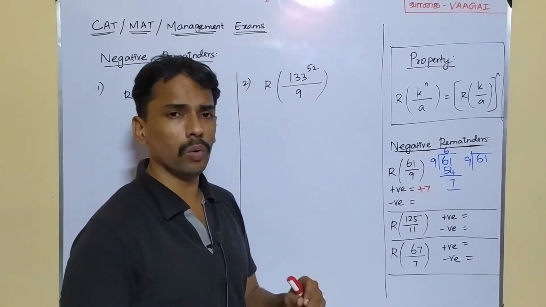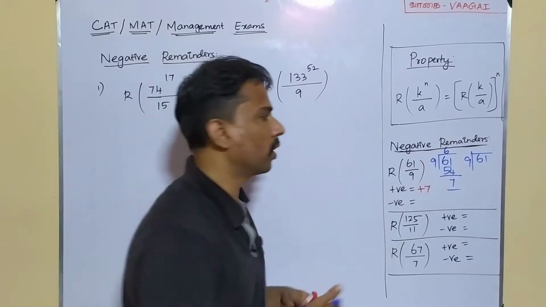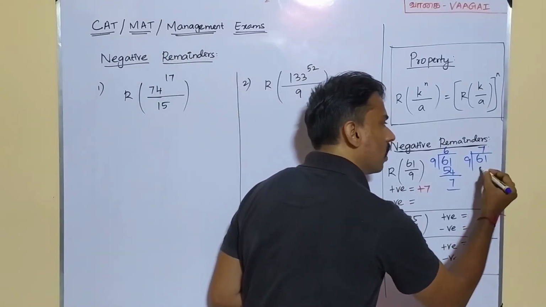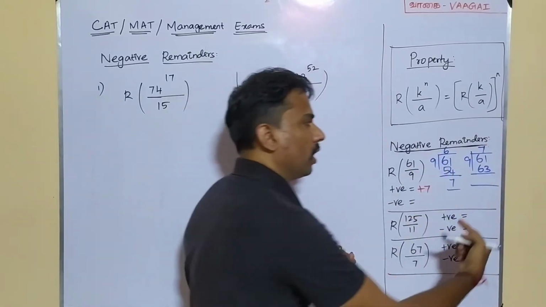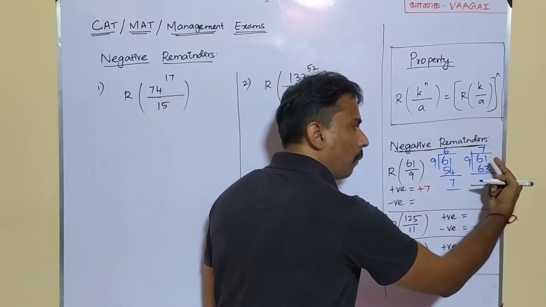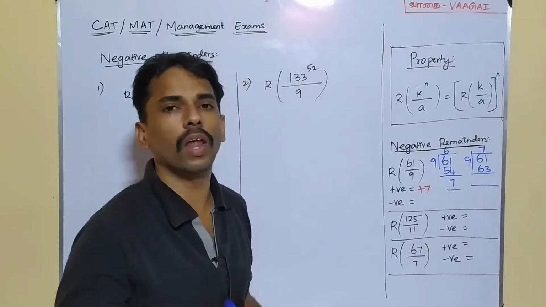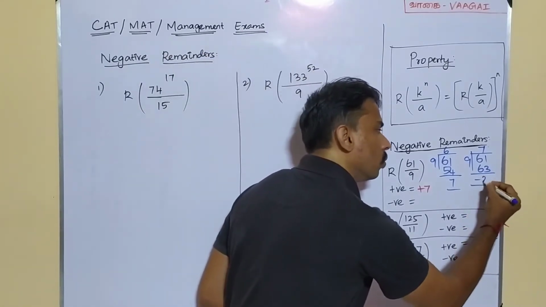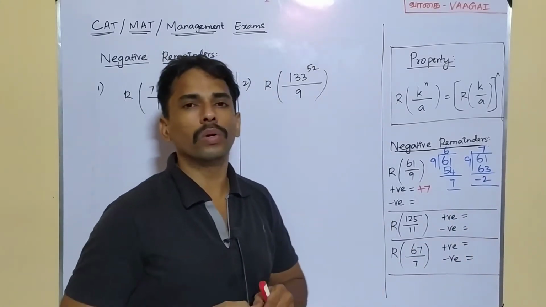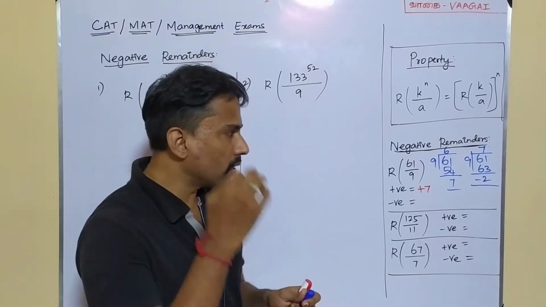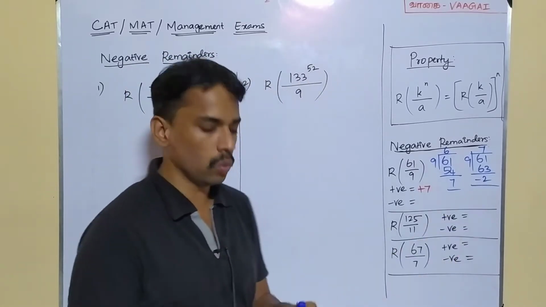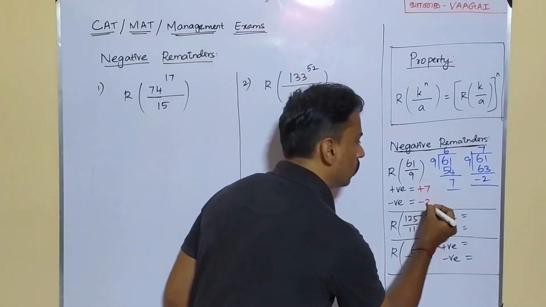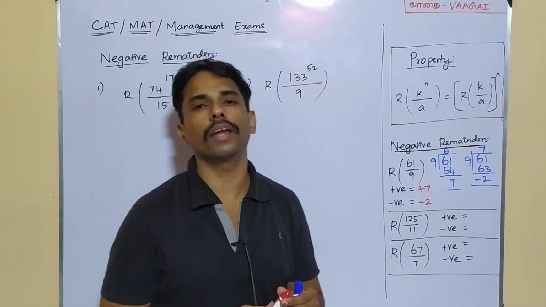This time I'm going to do 9 sevens are 63. Now take the difference: 61 minus 63 gives you minus 2. So when you divide 61 by 9 this time, you get a negative remainder which is equivalent to minus 2. This is how we get negative remainders.